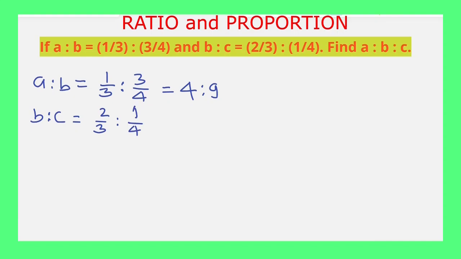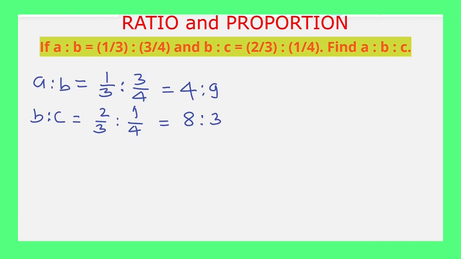So we multiply both the fractions by 12 and we get 2 upon 3 when multiplied by 12 gives us 8, as 3 cancels 12 for 4 times, and 4 times 2 is 8. And 1 upon 4 when multiplied by 12 we get 3, as 1/4 of 12 is 3. So B ratio C is 8 ratio 3.